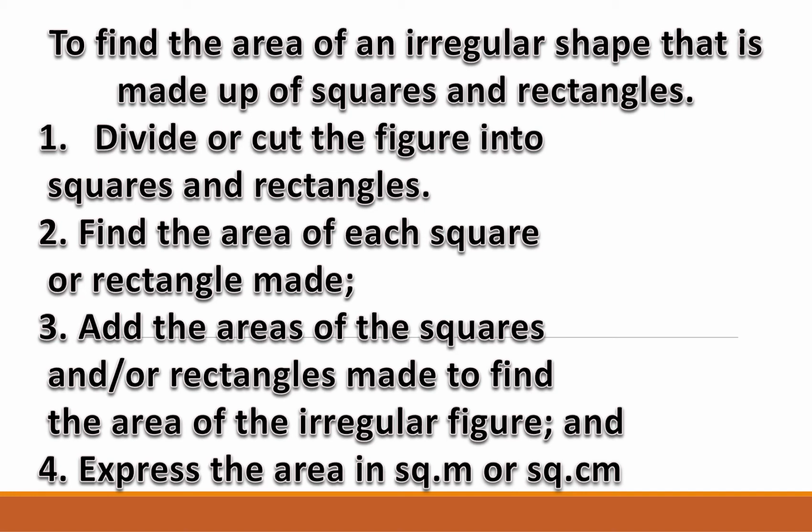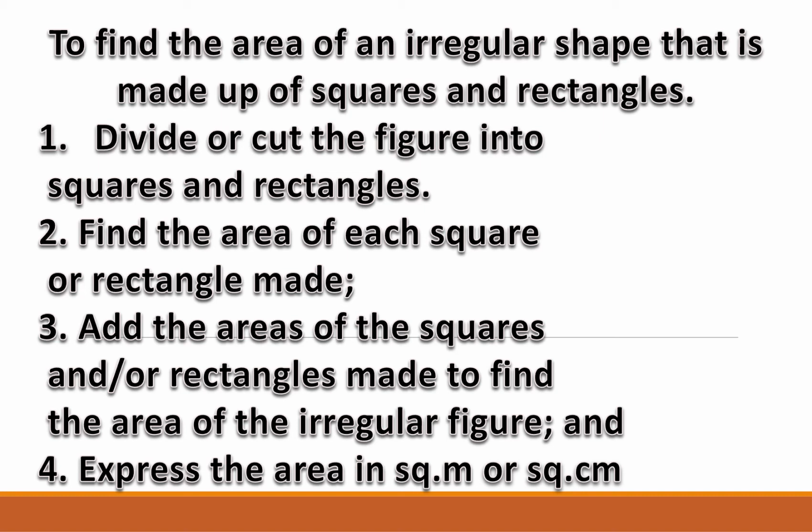If you cut horizontally or vertically, you just create a rectangle or square. So just find the area of each figure. Number three is to add the areas of the squares and rectangles made to find the area of the irregular figure.